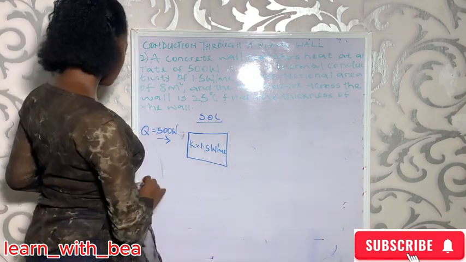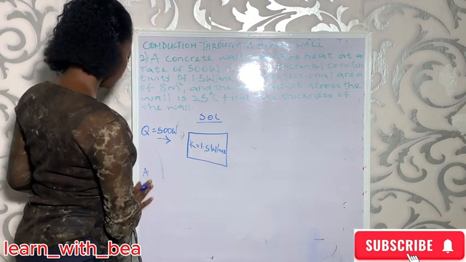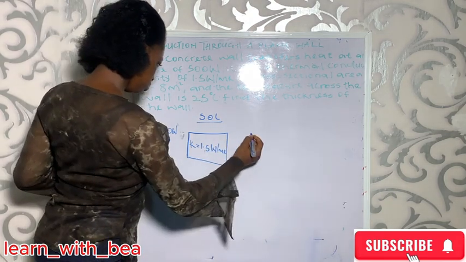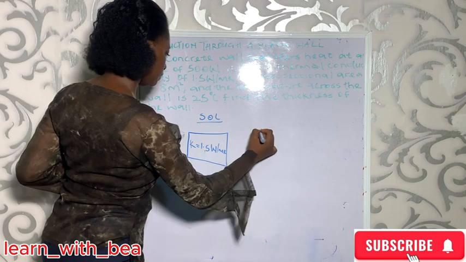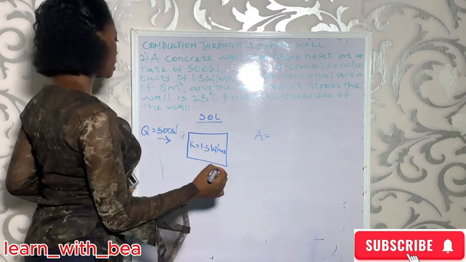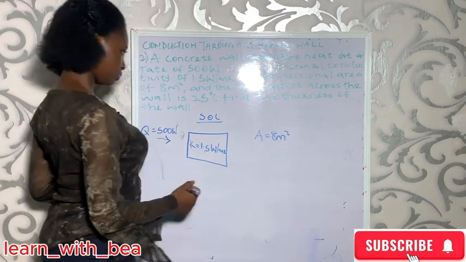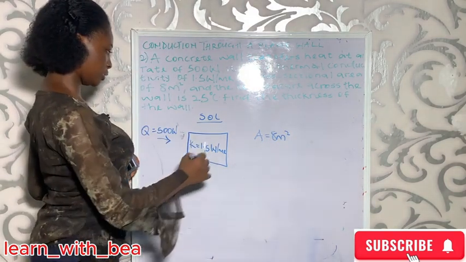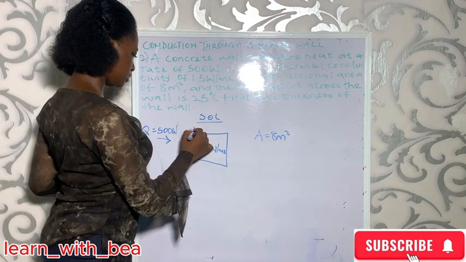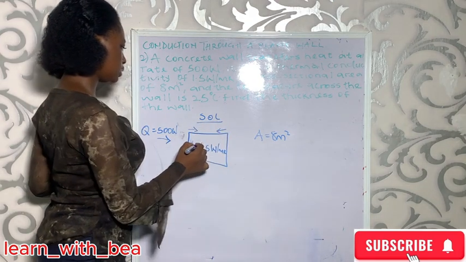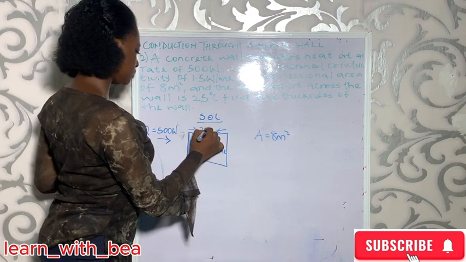A cross-sectional area, our area is 8 meters square. The temperature across the material is 25 degrees C.